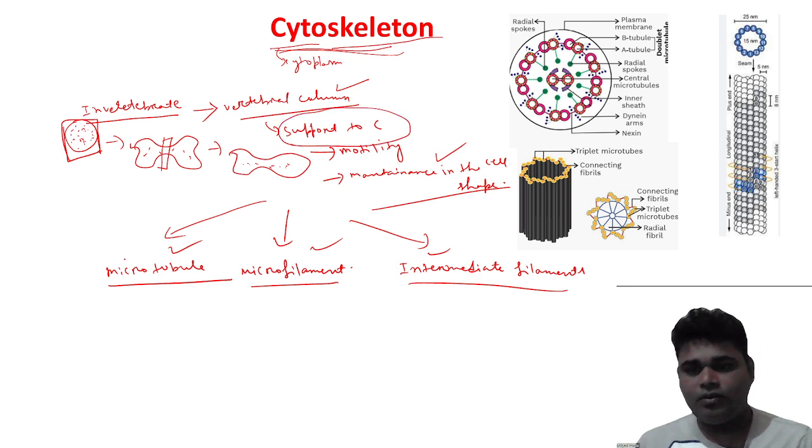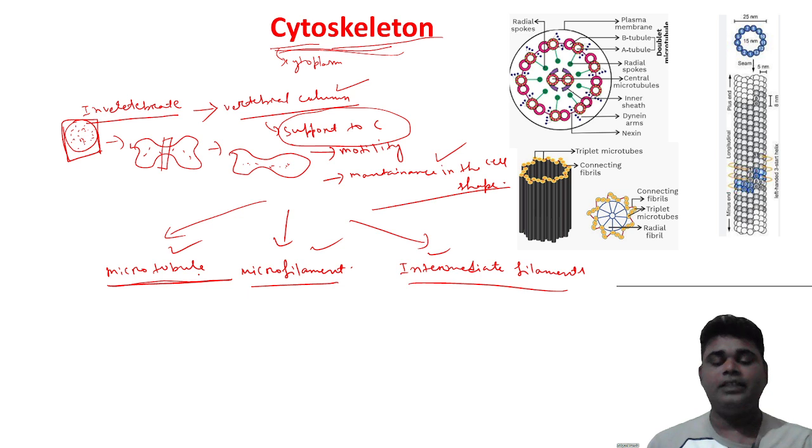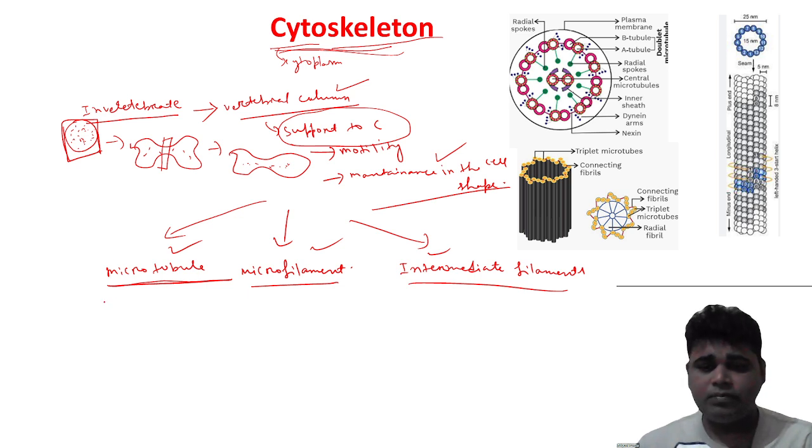So first look at the microtubule. What is the function of the microtubule? The main function is to help in the formation of the mitotic spindle fiber. So what is the mitotic spindle fiber?